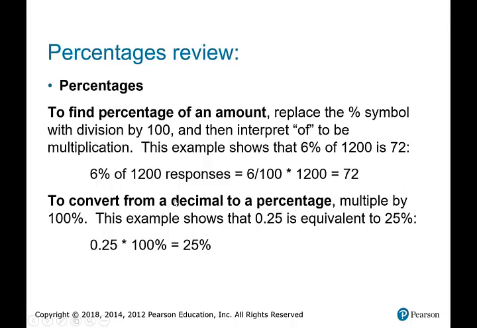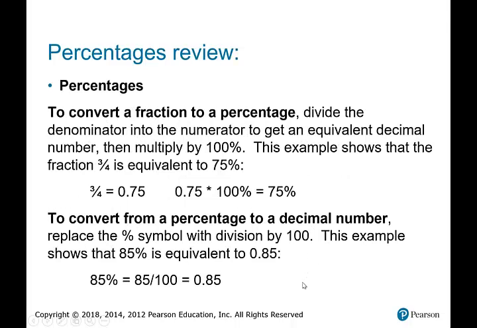To convert from a decimal to a percent, you multiply by 100%. So if you had 0.25 as the decimal number, you would multiply that by 100 with the percent symbol to get 25%. And here's the calculation in symbol form. To convert a fraction to a percent, you divide the bottom number, the denominator, into the top number, the numerator, to get an equivalent decimal number.